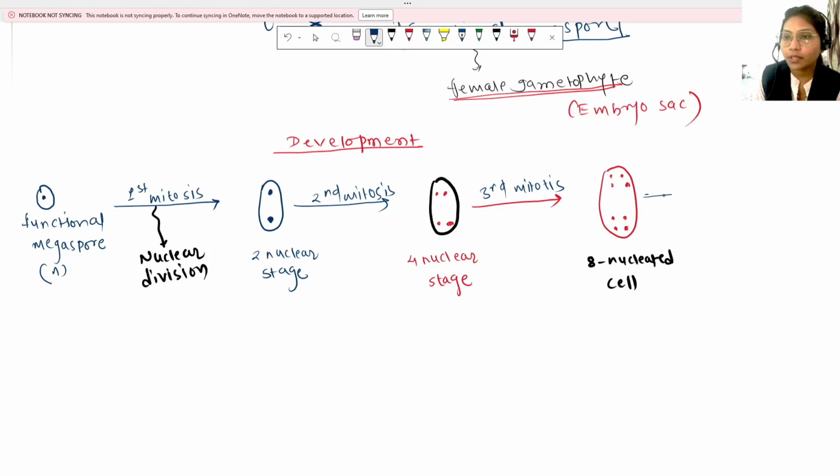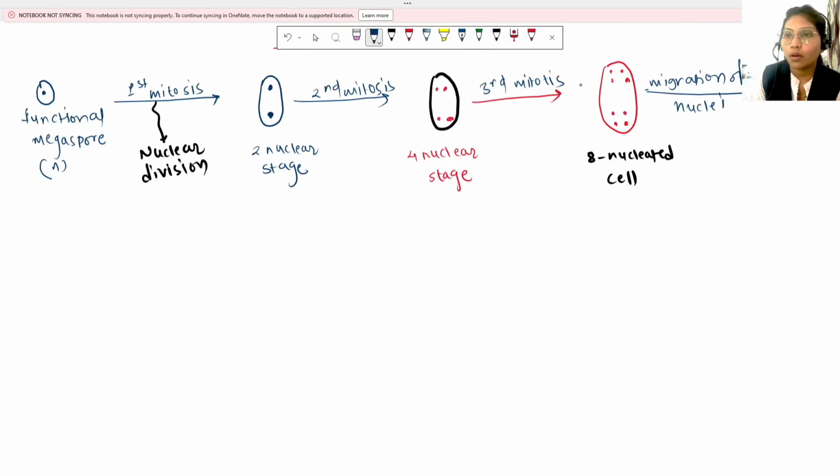After this mitosis, the next stage will be migration of nuclei. So this cell contains 8 nuclei. Of these 8 nuclei, 1 from the upper side and 1 from the lower side will come to the center of this cell.